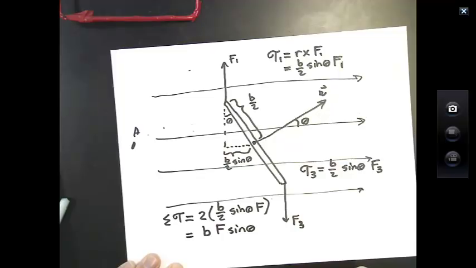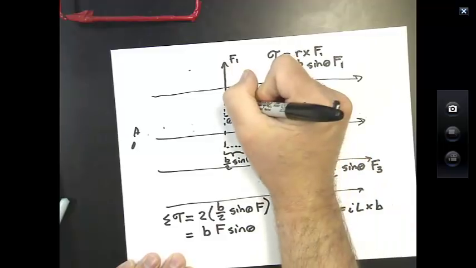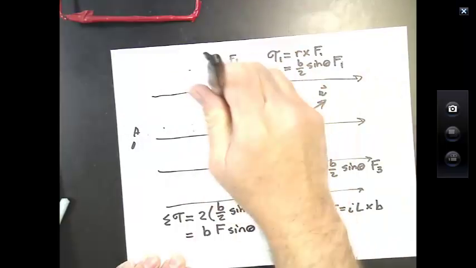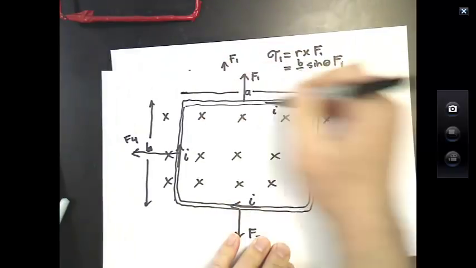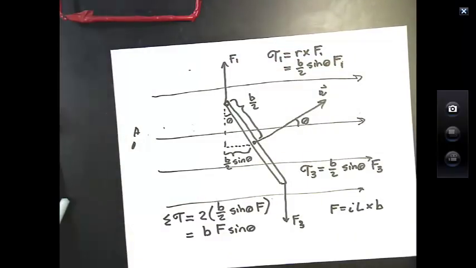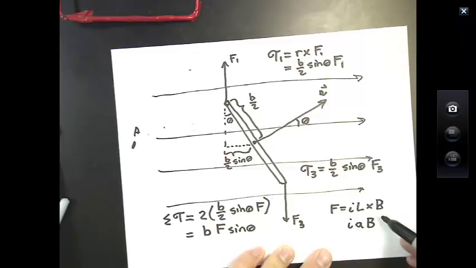Okay? So remember, the force on this is I L cross B. Now, the forces are on the wire that is perpendicular to the page here. This is, again, this guy of length A. So there's a current I going through him. He has a length A, and the B field is B. We'll use capital B. The wire is perpendicular to the field, so I'm going to lose the sine of theta.